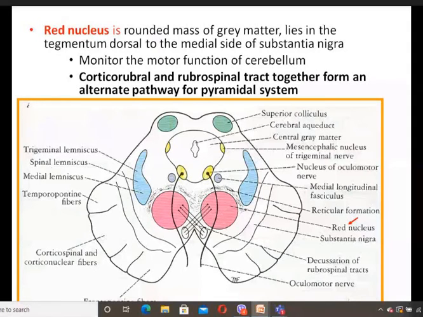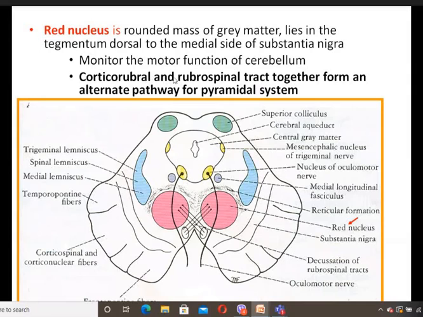The corticorubral and the rubrospinal tract together form an alternate pathway for the pyramidal tract. It is important because the pyramidal tract, as we know, has the fibers of the corticospinal tract. So that is the pyramidal system. It is also supported by the alternate pathway, that is the corticorubral and rubrospinal.